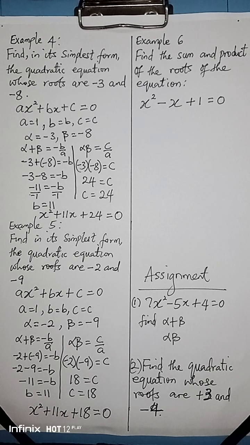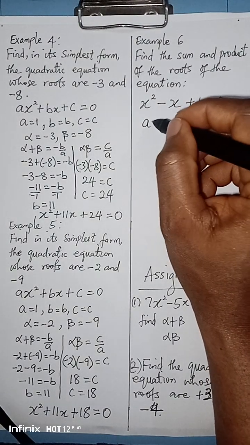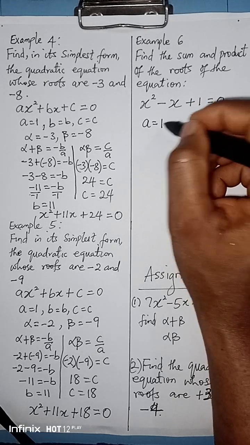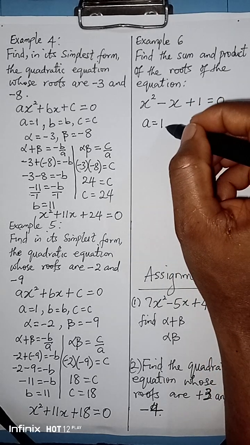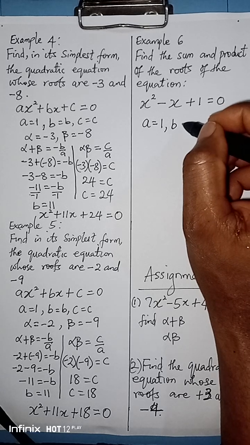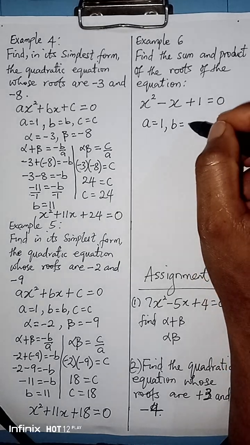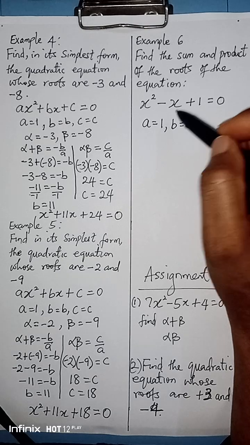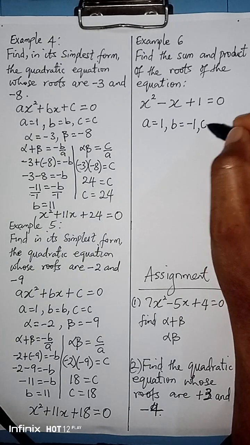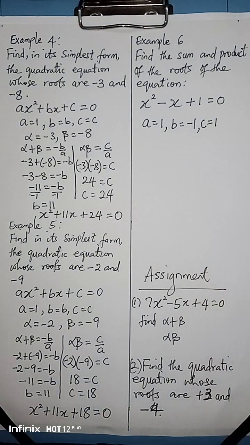Find the sum and product of the roots of the quadratic equation x squared minus x plus 1 equals 0. So let's identify our a. Our a is 1, which is the coefficient of x squared. Let's identify our b, the coefficient of x, which is -1. And then let's identify our c, which is +1.